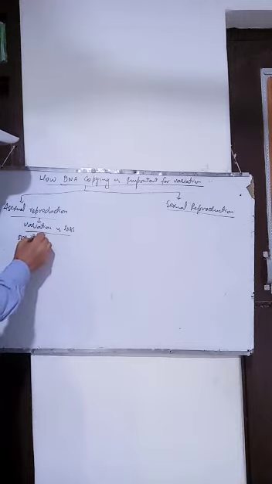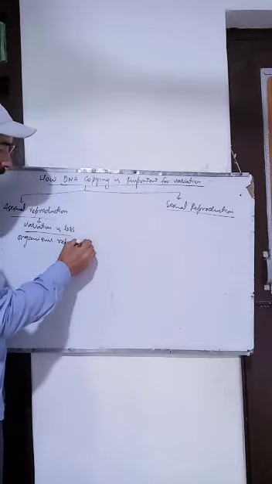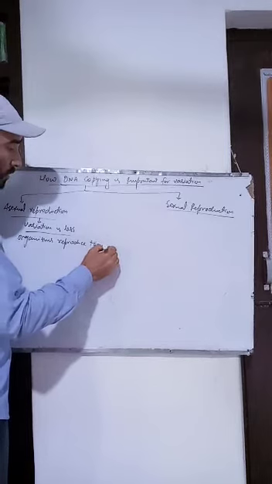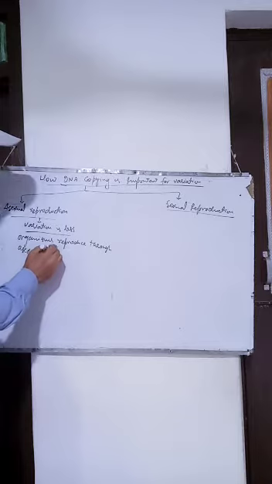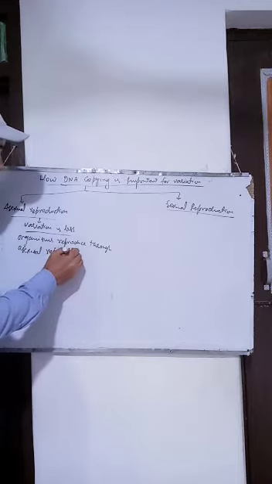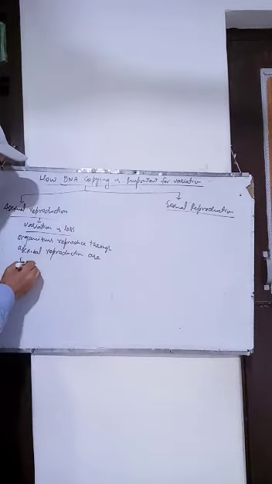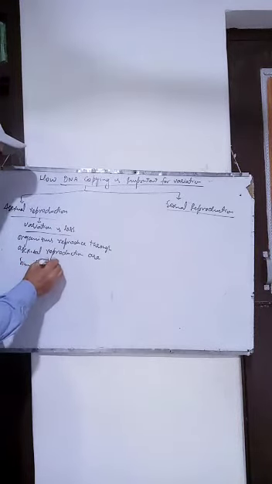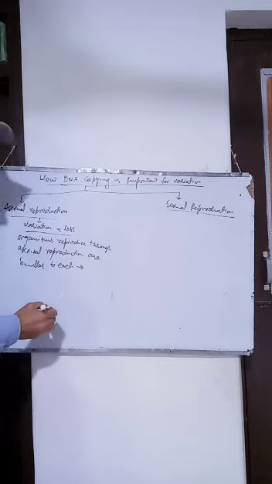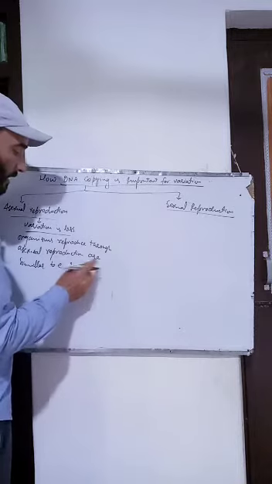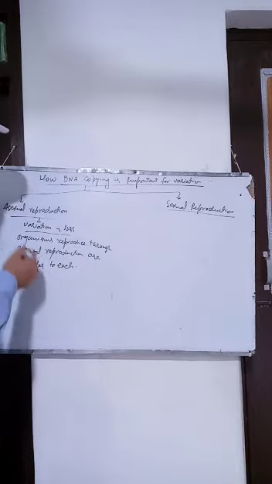Organisms that reproduce through asexual reproduction are similar to each other, and you can say they are not very different. You cannot differentiate between them.